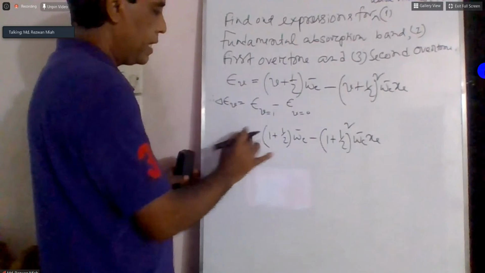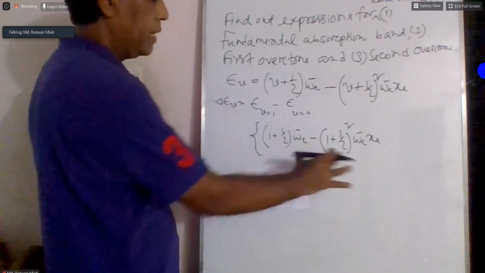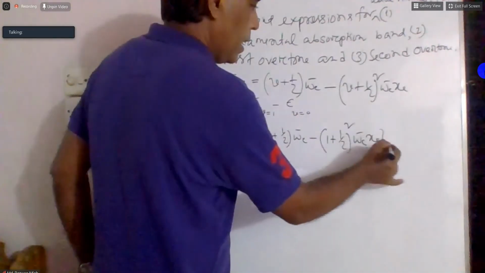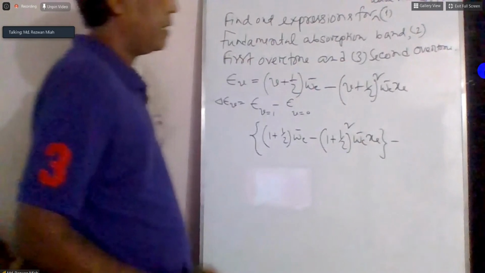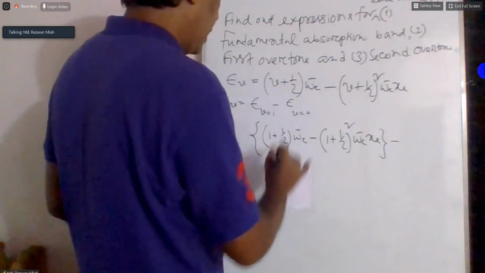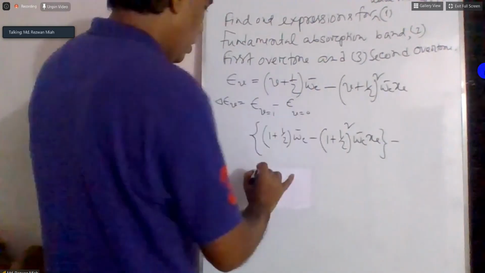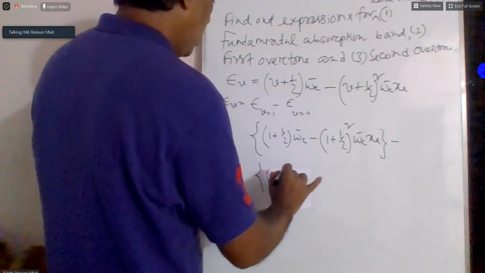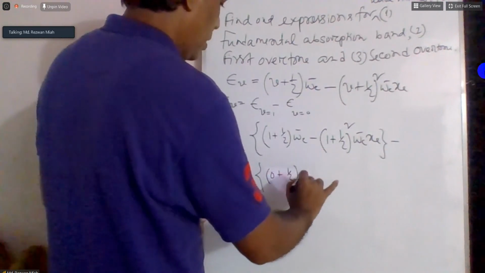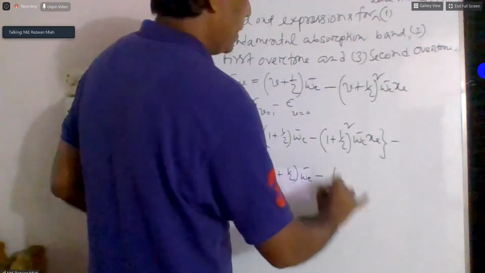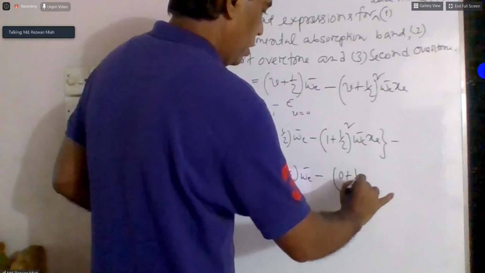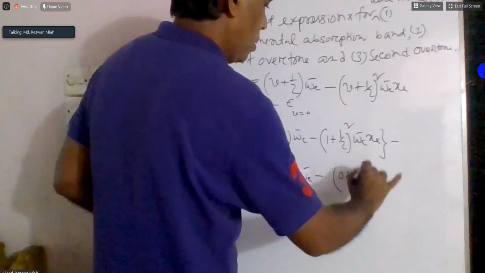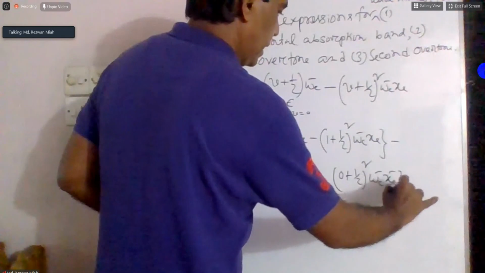So this is the energy for the 1 level minus energy for the 0 level. So energy for 0 level is nu equal to 0, so 0 plus half omega e bar minus 0 plus half whole square omega e bar x.